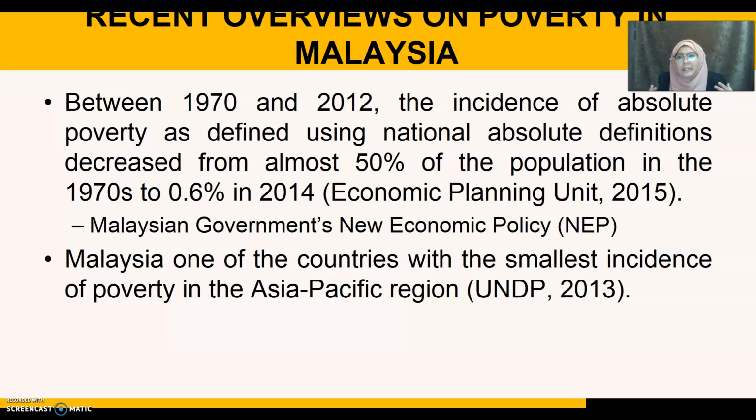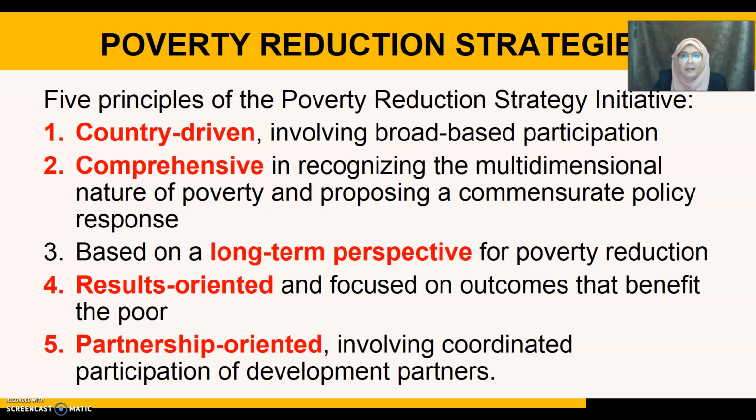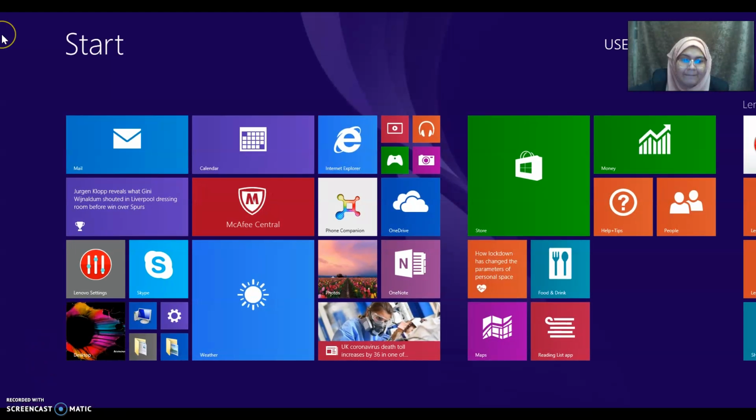Number 2 that you have to remember, there are 5 principles of the PRS initiative: number 1 country driven, number 2 comprehensive, number 3 it must be long term, number 4 it must be result oriented, and number 5 it must be partnership oriented.